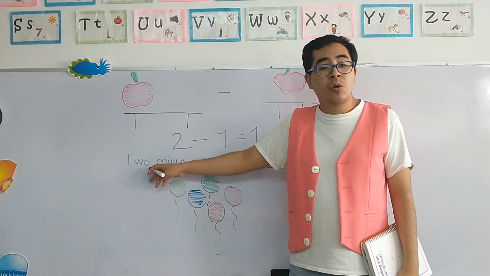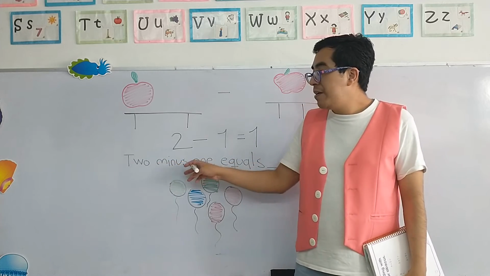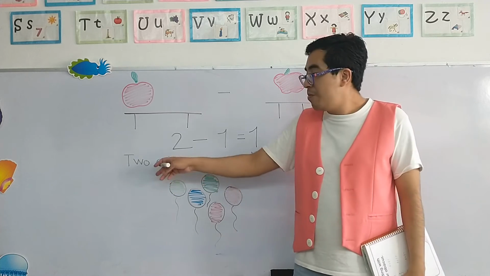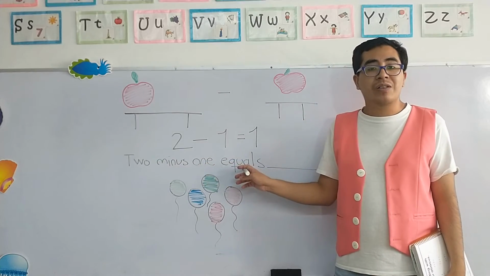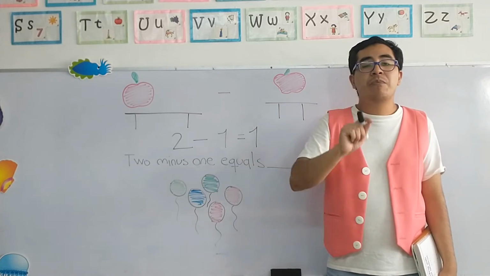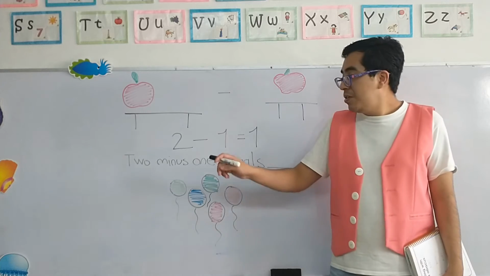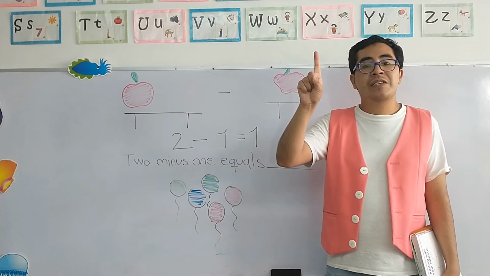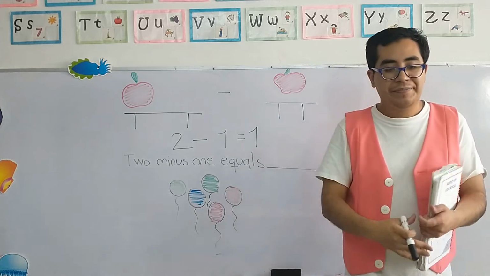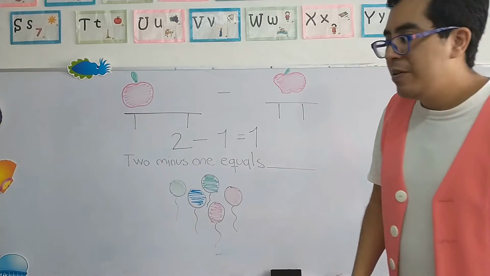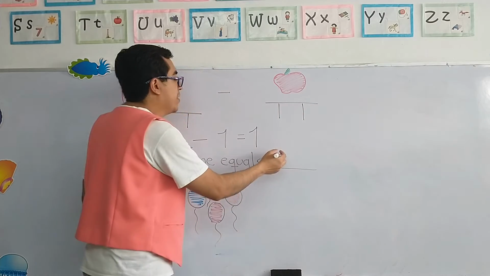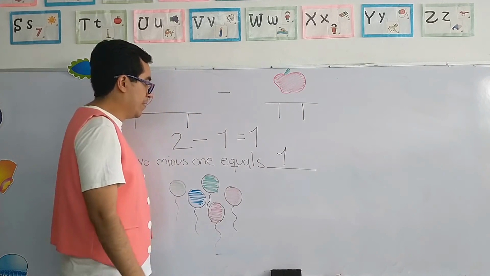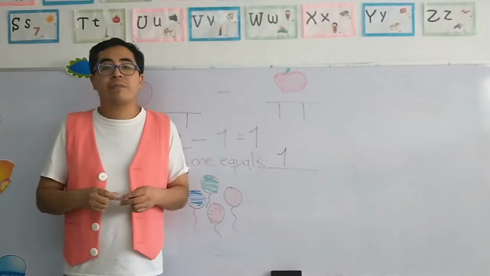But it says 2 minus 1, 2 menos 1, 2 minus 1 equals. Remember, the equal symbol means the result. 2 minus 1 equals, es igual a 1. So, here we are going to write the result in number. Vamos a escribir el resultado con nombre.